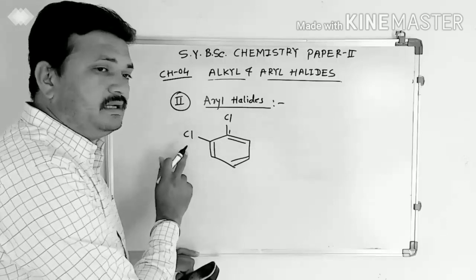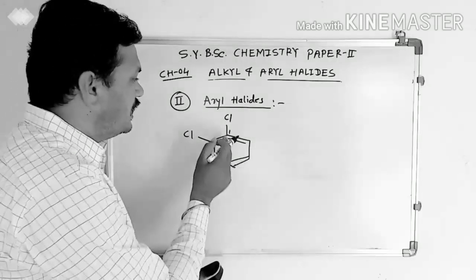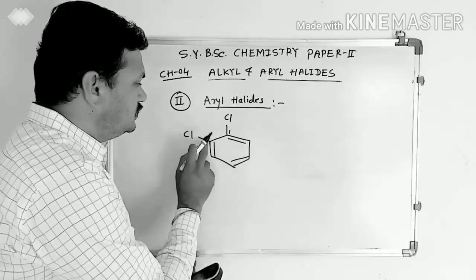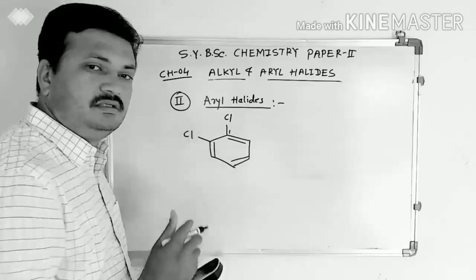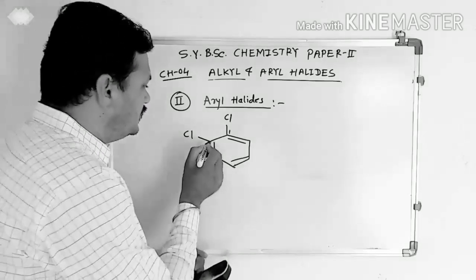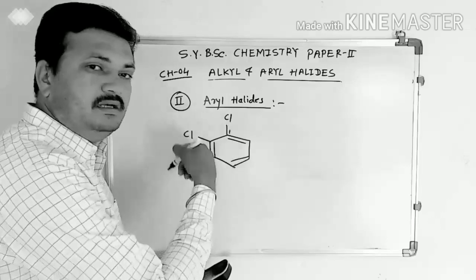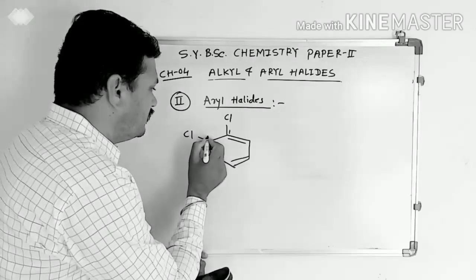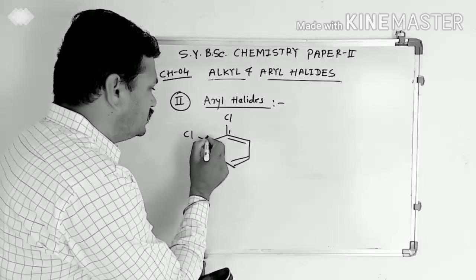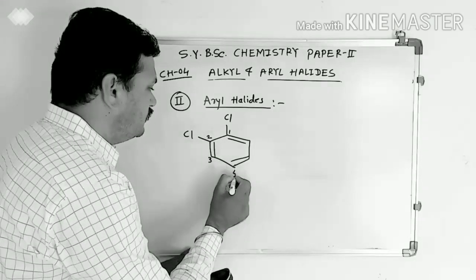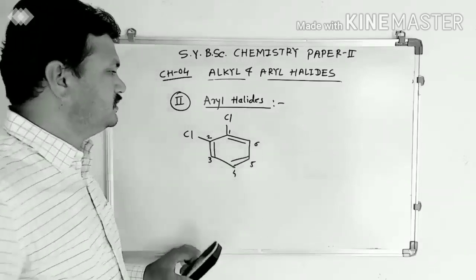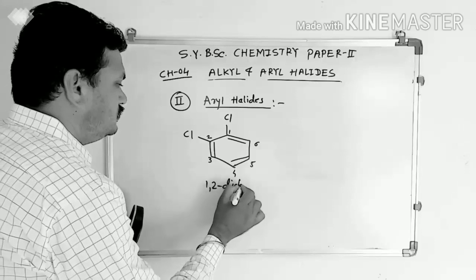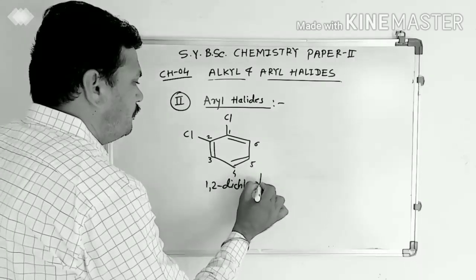The second chlorine atom gets 6 number, and from left hand side anti-clockwise direction 1, 2. The second chlorine atom gets number 2. Therefore, least possible number is possible from anti-clockwise direction. Therefore, we will give numbering from anti-clockwise direction 1, 2, 3, 4, 5 and 6. It is 1,2-dichlorobenzene.